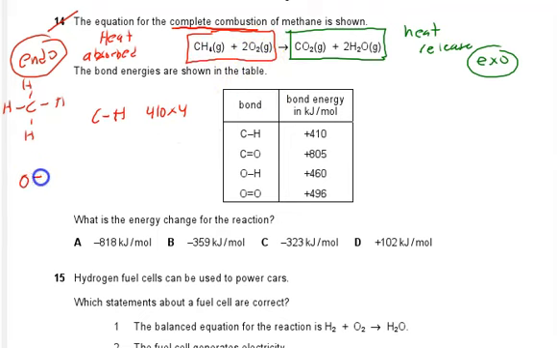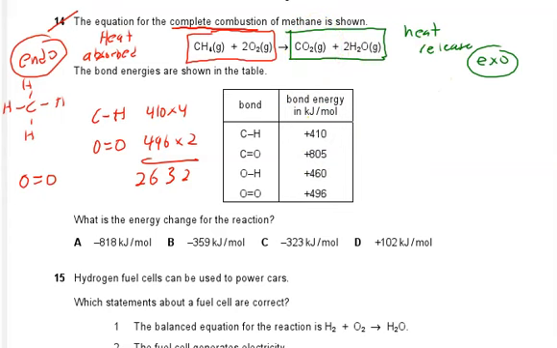Oxygen, they'll form a double bond. So we have to multiply this with 2. So all together here will be 2632. So we can ignore the unit first.